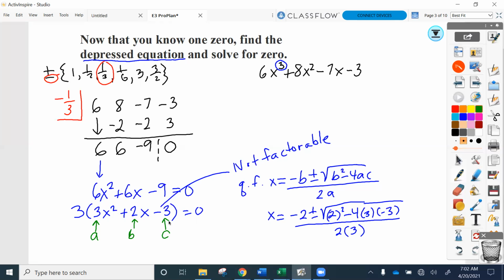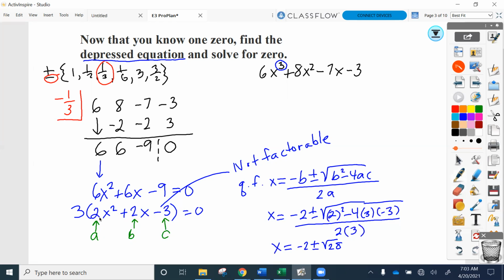And then you just simplify from there. So we'd end up getting negative 2 plus or minus the square root of 28. Oops, made a mistake. This should have been a 2 because 3 times 2 is 6.